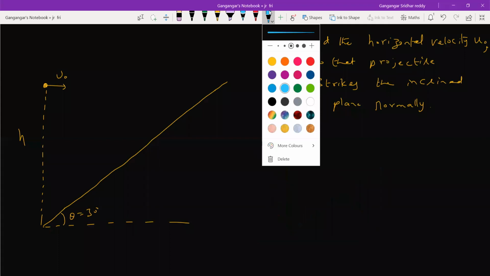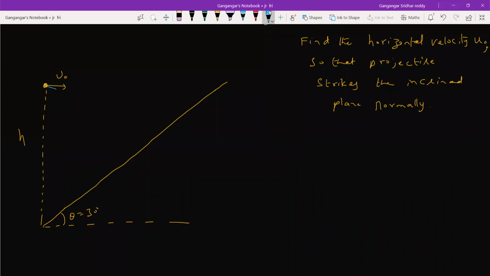The path will be parabolic, and it will strike normally.